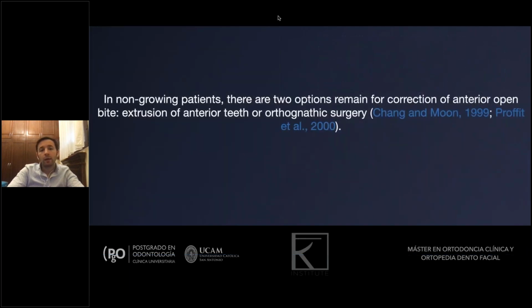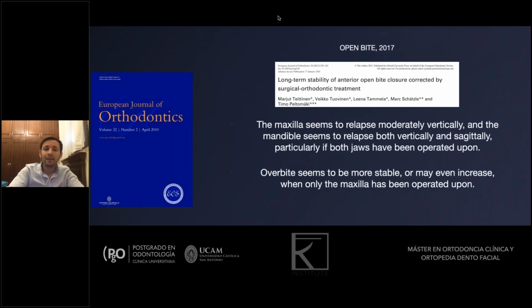So again, I came back to read the articles in order to see how I can approach this situation. And we can see that in a non-growing patient there are two options: either I do surgery or I do an extrusion of anterior teeth. Okay, let's see what happens when I do surgery.